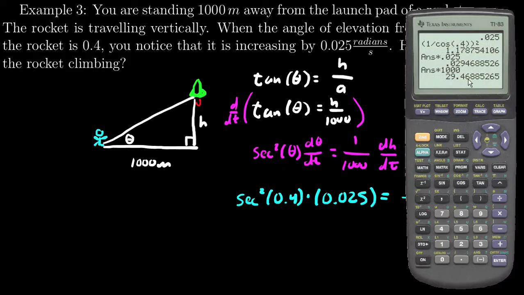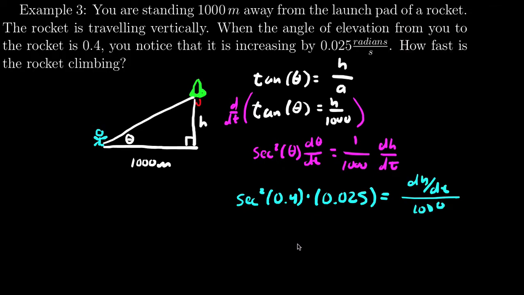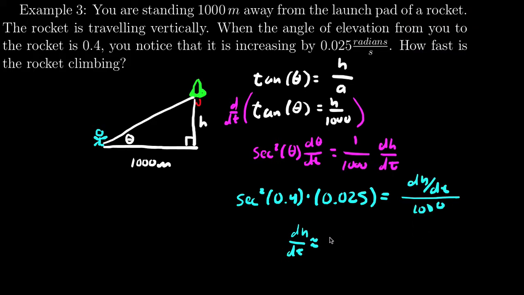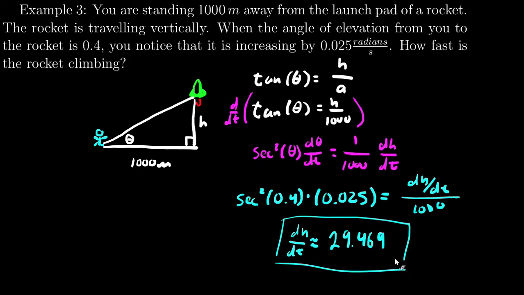So that'll give me dH/dt is approximately 29.469, or written in clear English, I can say the rocket is climbing at 29.469 meters per second.